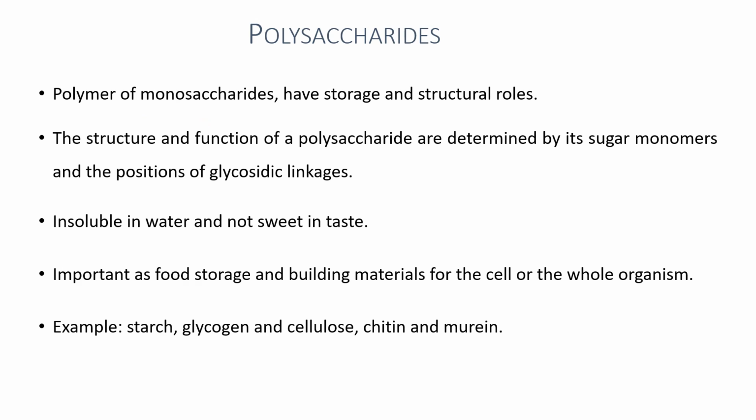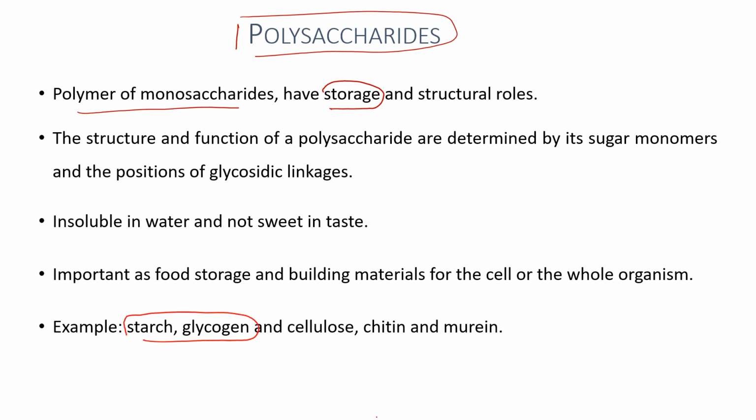The fourth group of carbohydrates is the polysaccharides. Polysaccharides are polymers of monosaccharides, and they have two main functions. They can function as storage carbohydrates such as starch and glycogen, or they can have structural roles such as cellulose, chitin, and murein.